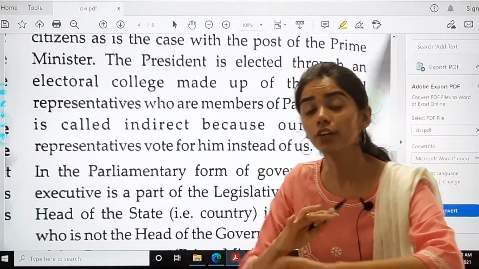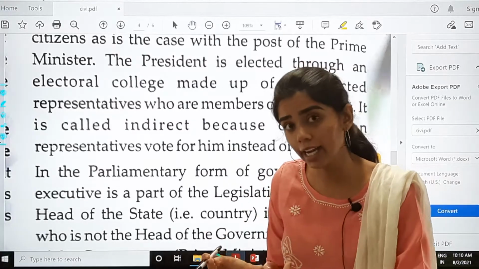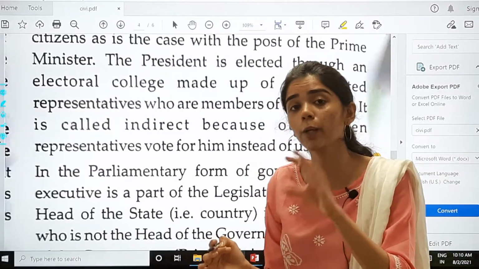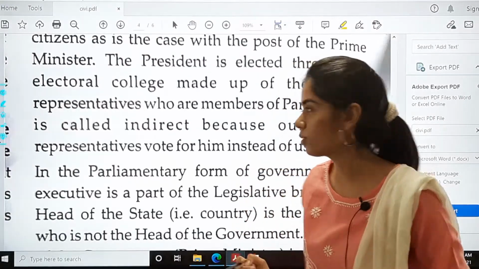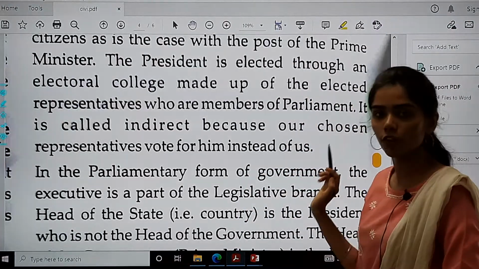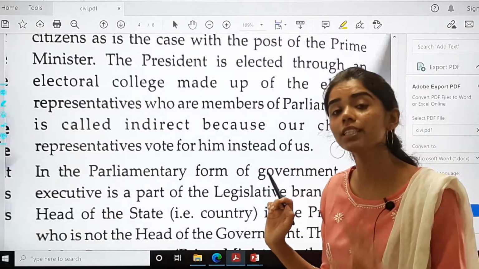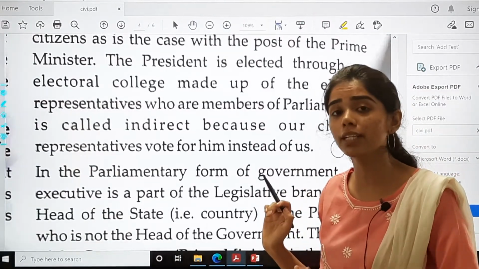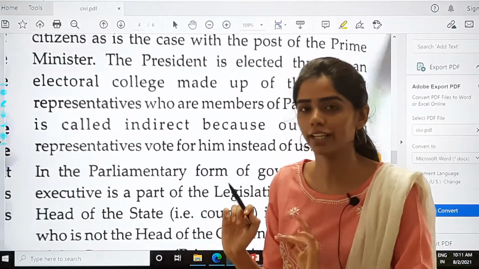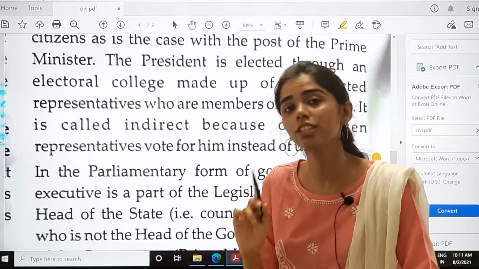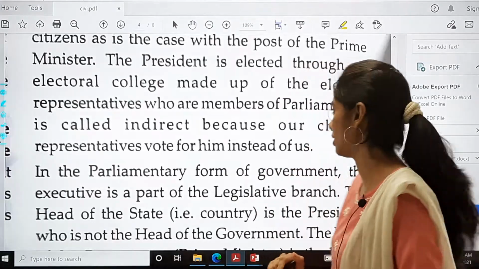Now see, the representatives which are elected, out of them, they decide the president, who are members of the parliament. So, we don't choose the president, we choose the Prime Minister.